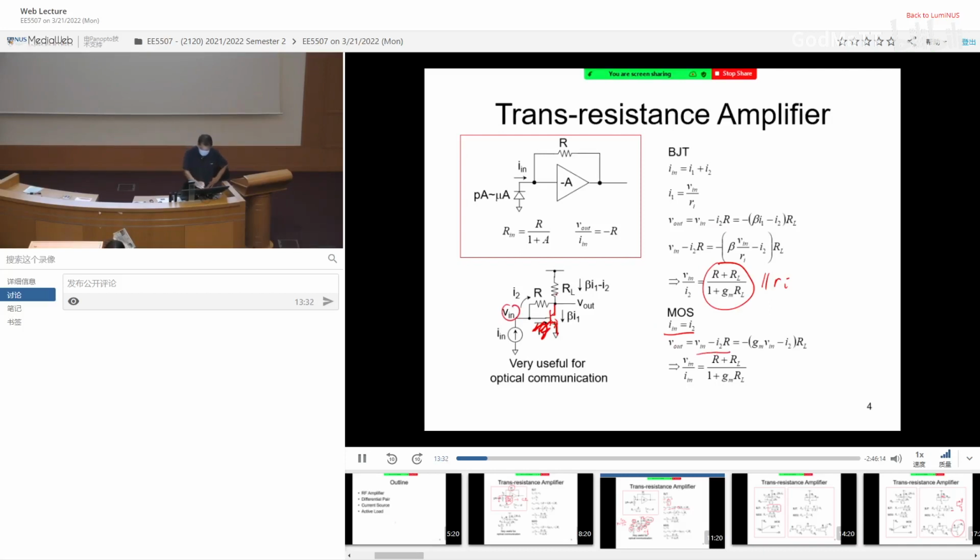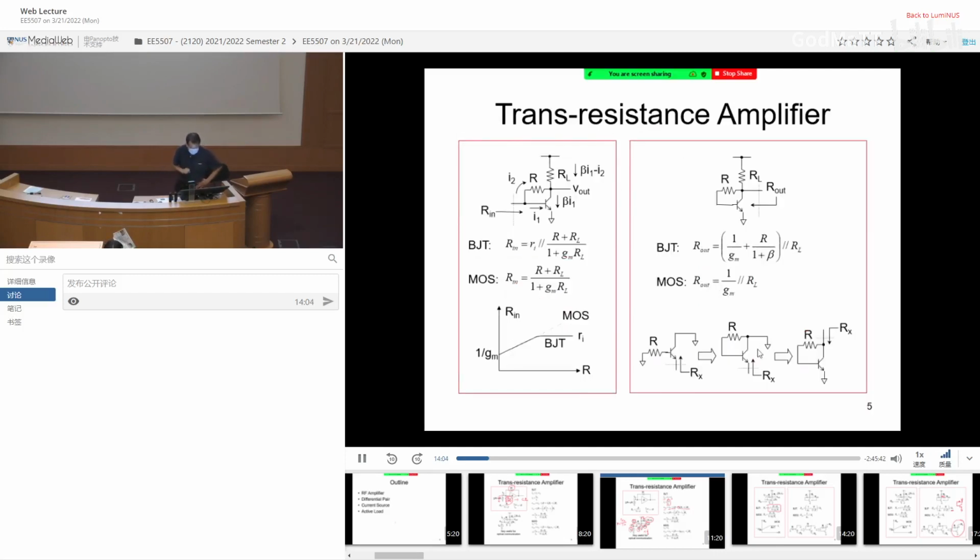Or you can directly see the total current going through RL, which is the current due to this transistor, given by GmVin, minus this I2, multiplied by RL, the negative sign mainly because the top is AC ground. After some manipulation, you get the same thing. But here, unlike BJT, you don't have to parallel with anything, because the gate resistance for MOSFET is infinite.